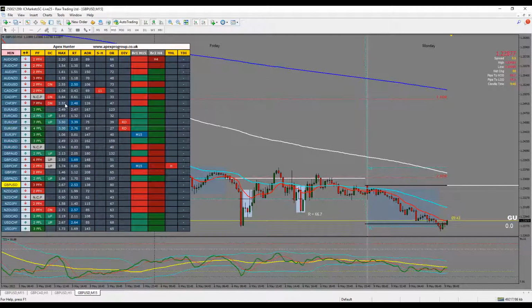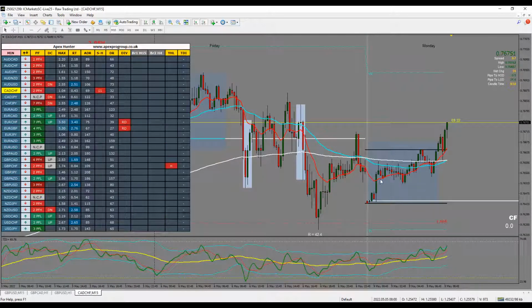Just quickly, CAD CHF has gone, I think, above the Asian range 10-11 pips. So here is an example of that. The Asian range and price has gone above that.